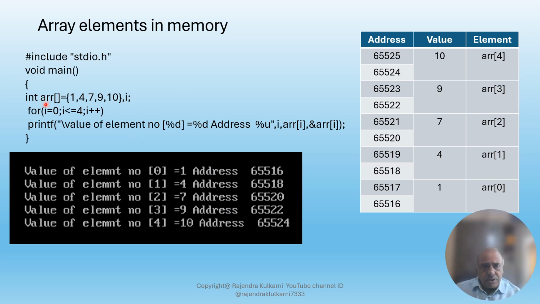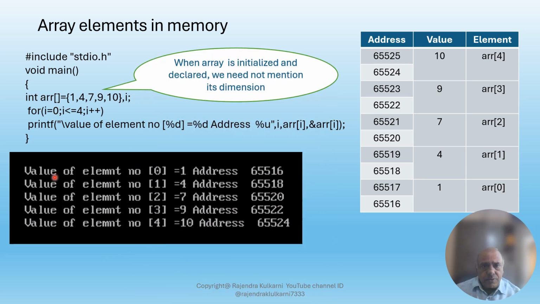We can see here we have not mentioned the dimension. So when the array is initialized at the time of declaration, there is no need to mention its dimension, because the compiler will come to know about its dimension when we are initializing it within the opening and closing braces.